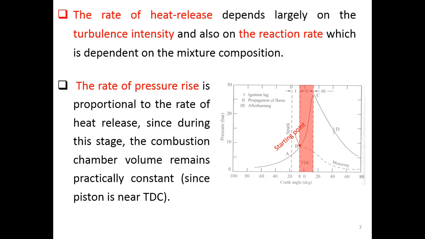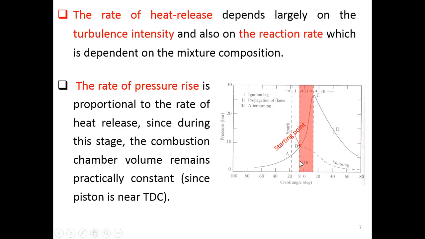But we just want to make this peak pressure here at point C get closer and closer to the top dead center. That means we would like the pressure, when it starts to go up, to go up very, very quickly, with a steep slope, so that the peak happens near the top dead center.